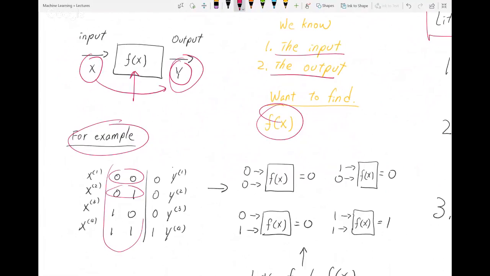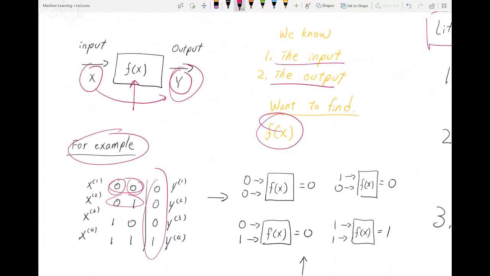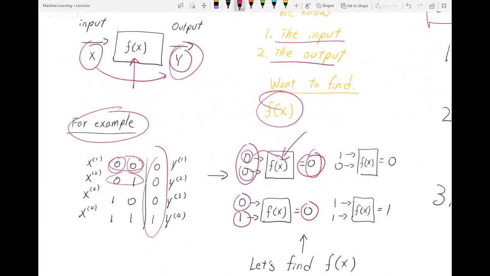With these kinds of inputs and outputs, we want to put these signals, like 0, 0, into some kind of black box neural network, and we want to get the output to be 0. And if we put 0, 1, we want to get a 0 as well. So here's the input, here's the output, and we want to find what's in here.